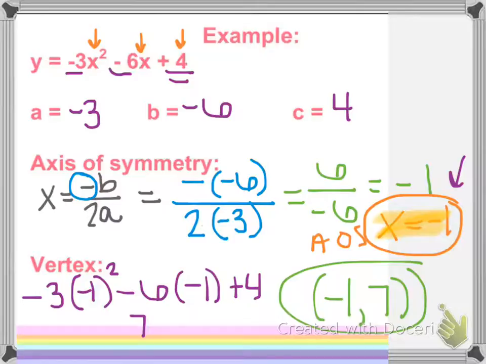That is your vertex. Okay, and if you think about the parabolas that you drew yesterday, the vertex is either at the very top or the vertex is at the very bottom. Okay? So we have to find the axis of symmetry using the formula. Then you plug that x in and find the vertex.